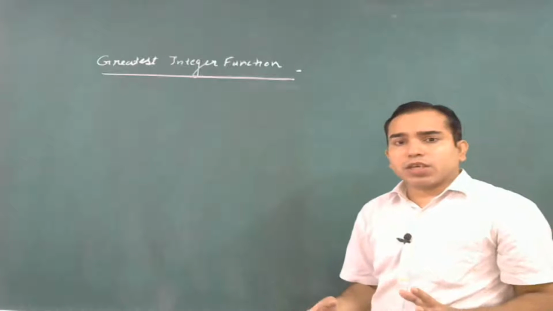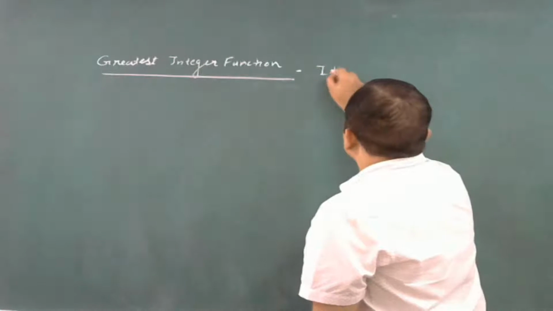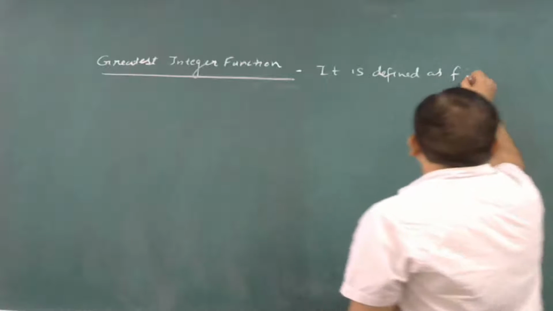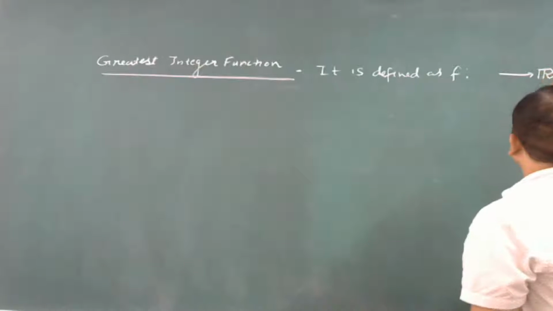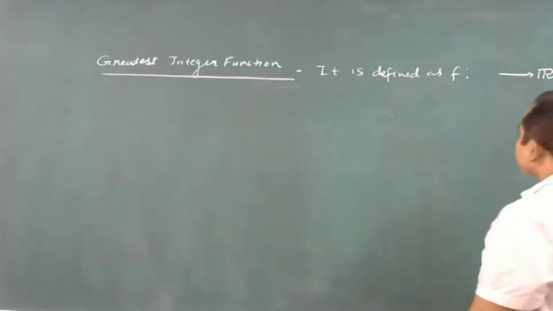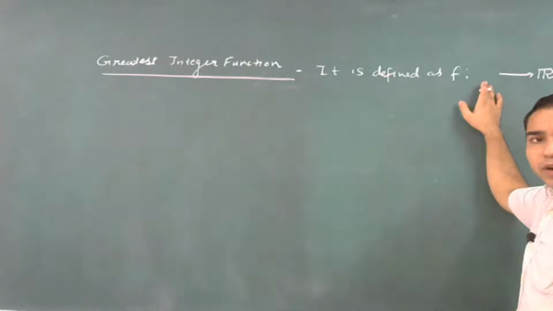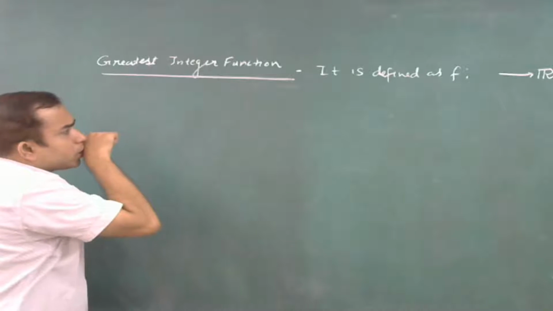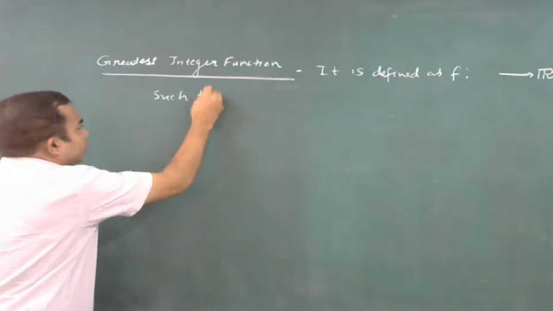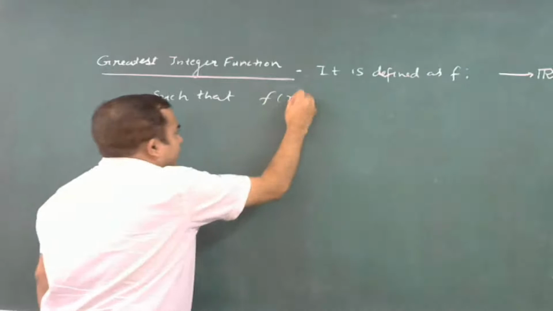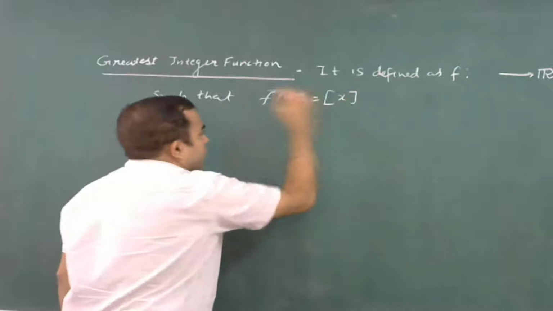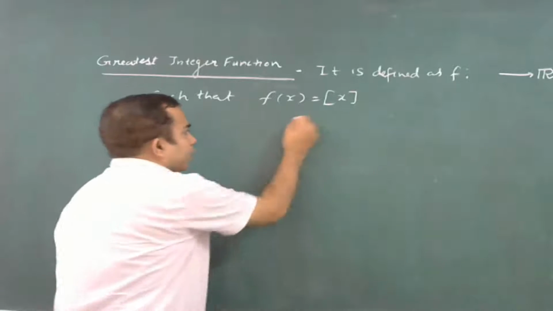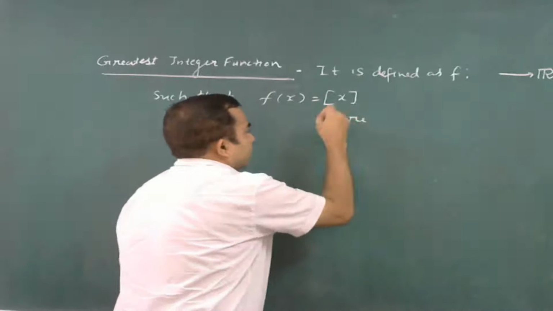The greatest integer function is a function defined from a certain domain to codomain, which is taken as R always, and the domain we will find and write afterwards, such that the rule of the function is that f(x) is equal to, we write a symbol like this, and we read it as greatest integer x, where this has a meaning.